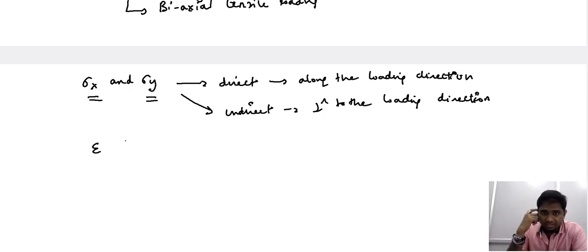Earlier, in the uniaxial case, we had a change in the lateral and longitudinal directions, so we could distinguish them as lateral and longitudinal strains. However, in the present case of biaxial tensile loading, the complexity of the associated strains also increases.